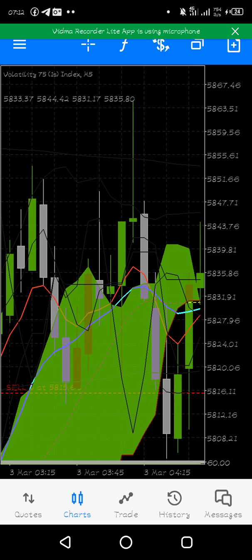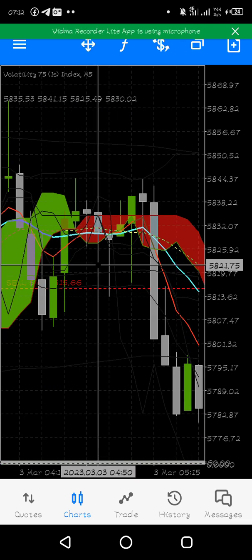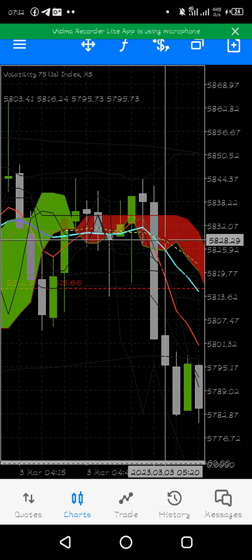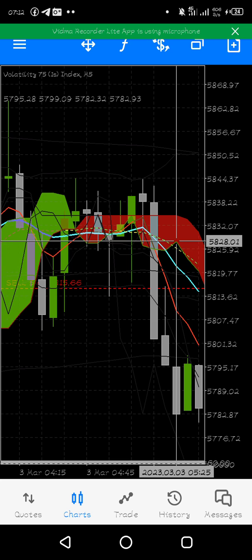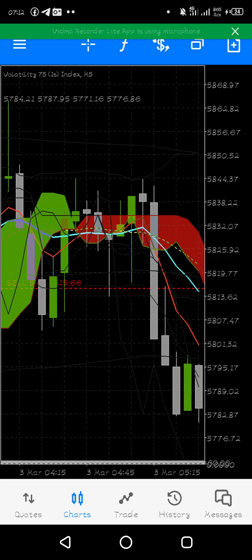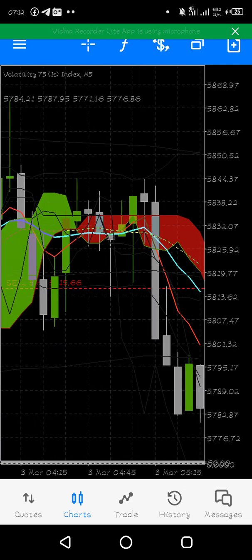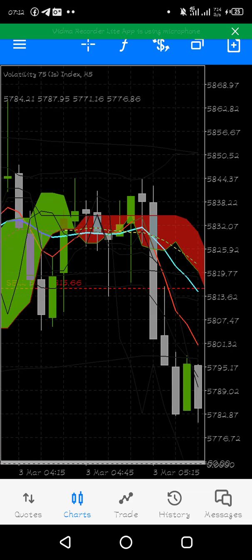That is to say, it breaks the cloud here. So from there, I was able to see another cross, the Ichimoku cross and other moving average cross. As I saw that on the cloud, see another movement here.